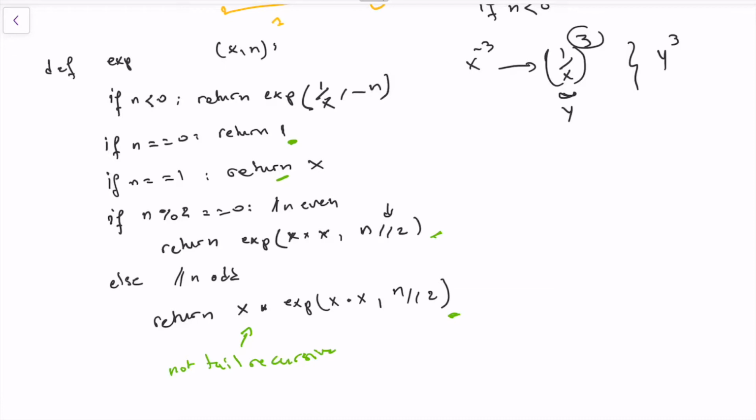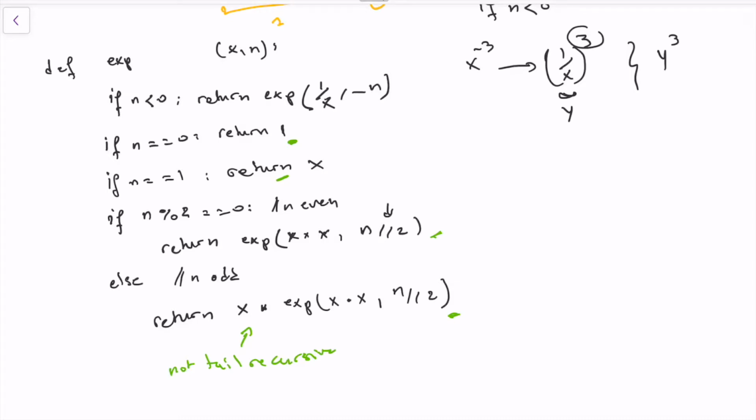So if the result of the recursive call must be further processed, for example by adding 1 or by multiplying by some other number, or if it's a list, adding an element in front or something, then it's not tail recursive.